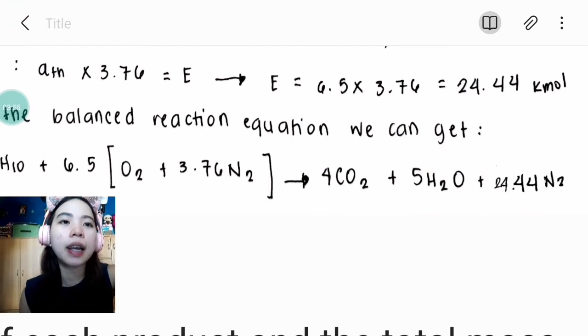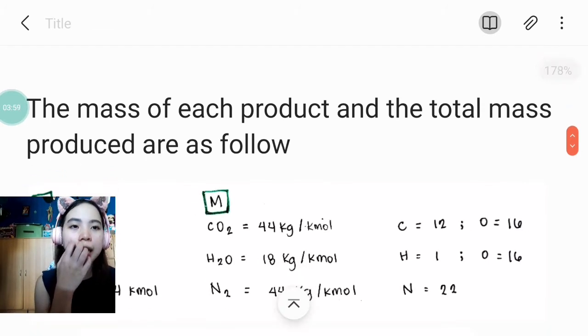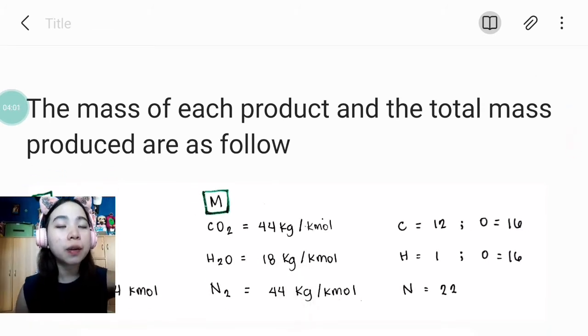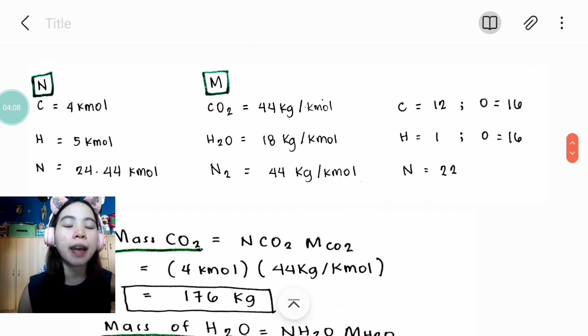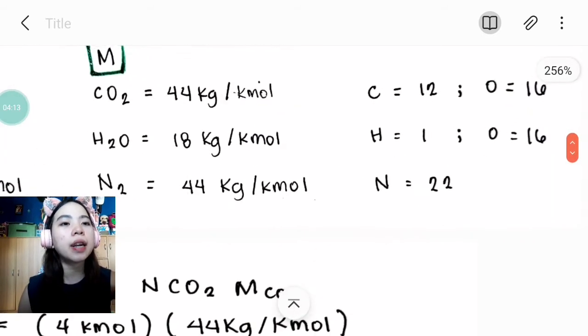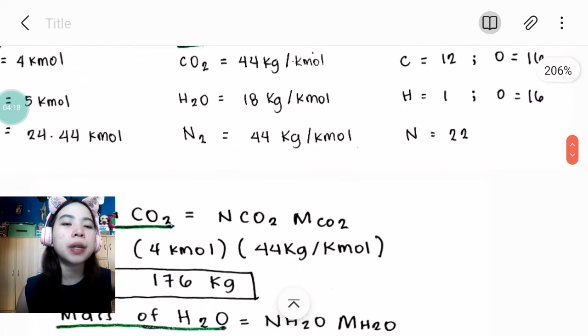Okay, let's proceed. After that, the mass of each product and the total mass produced are as follows. The N variable represents the kmol and the M variable represents the kilogram per kmol. And here are the atomic weights of each element from the periodic table.